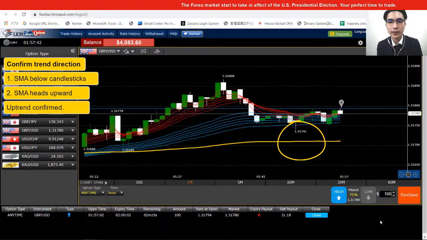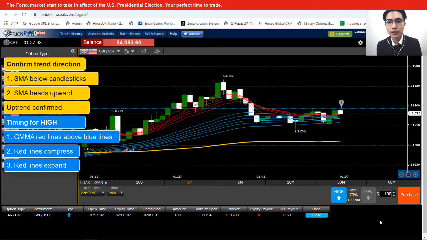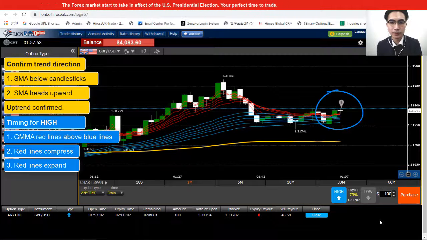After we confirm the trend direction, we move on to the GMMA. Now we need to look at the relationship between the two groups of lines.